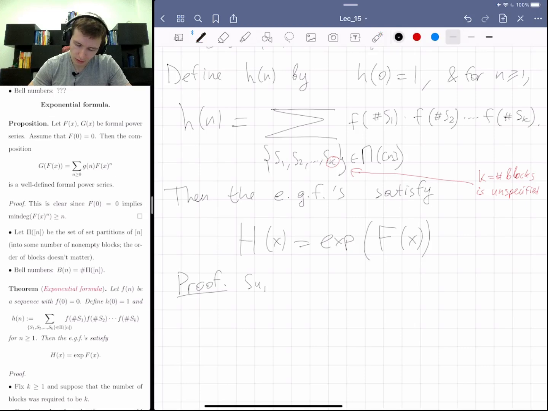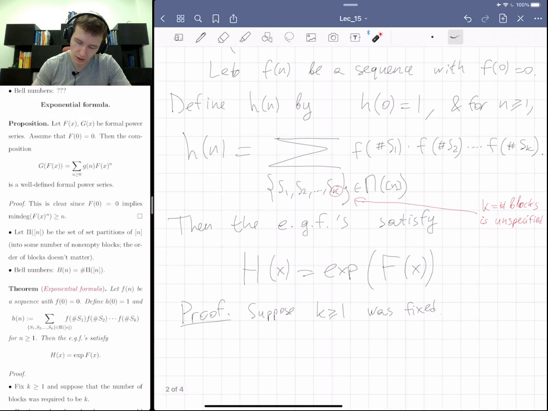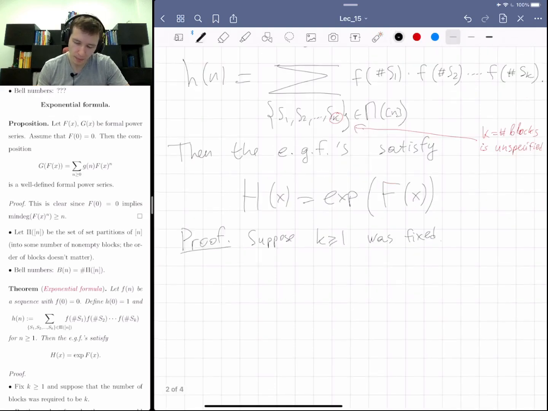Suppose k was fixed, or maybe even greater than or equal to 0, or maybe it shouldn't be. Anyways, I'm defining it for n greater than or equal to 1, so I can allow k to be at least 1. Then instead of Bell numbers, you would get Stirling numbers of the second kind, right?